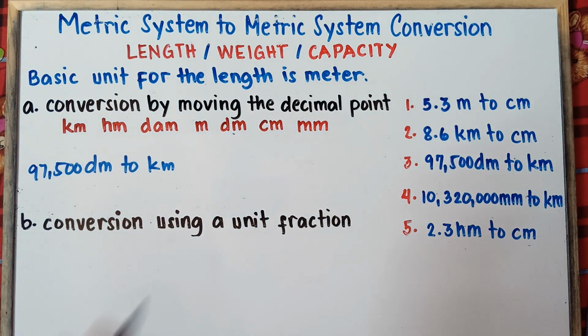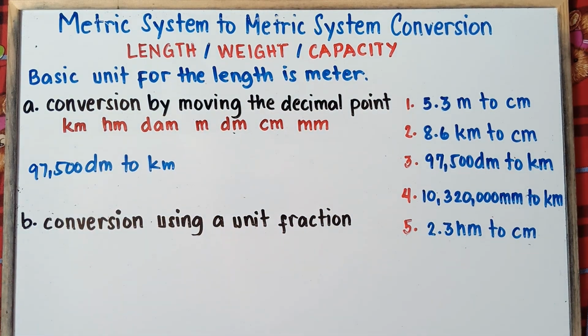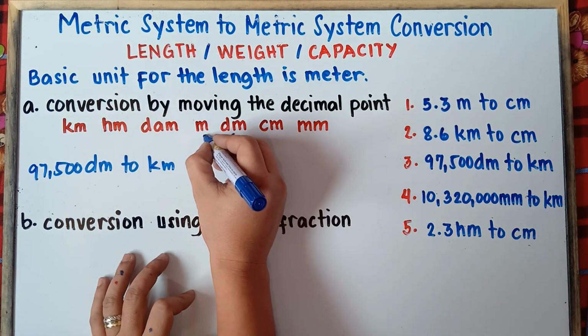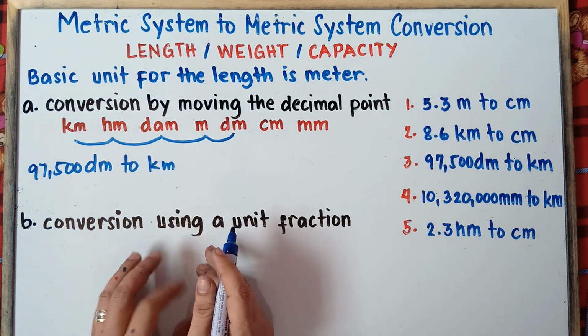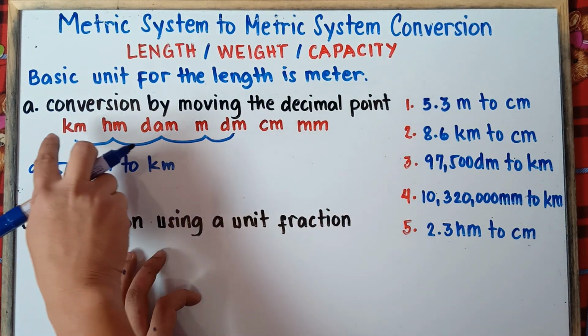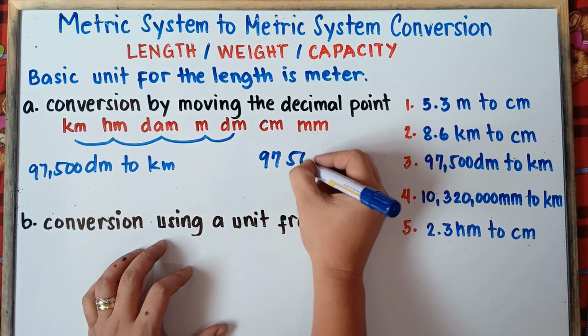So therefore, class, our direction is right to left. Decimeters to kilometers. So let's check how many units we will move from right to left. So 1, 2, 3, 4. Therefore, class, we need to move 4 units going to the left, from decimeters to kilometers. So our given is 97,500.